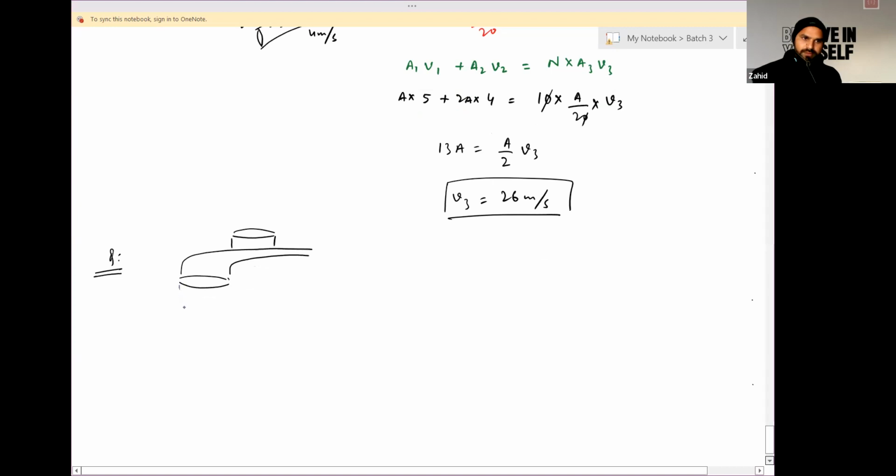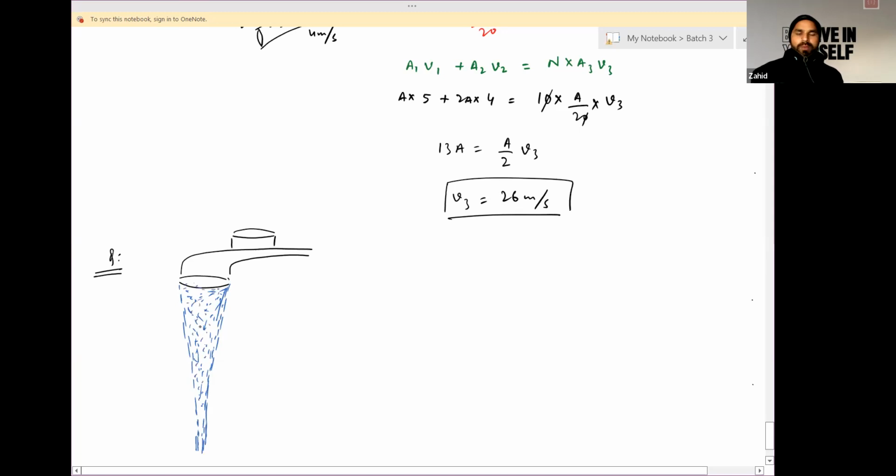So the shape of the liquid stream ejecting out from this tap may follow this type of structure. Initially, it has a wider stream, but on going down, the width of the stream shrinks.